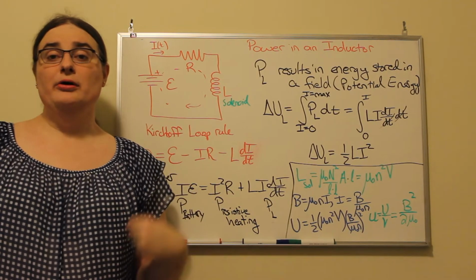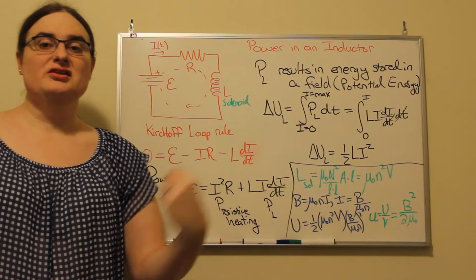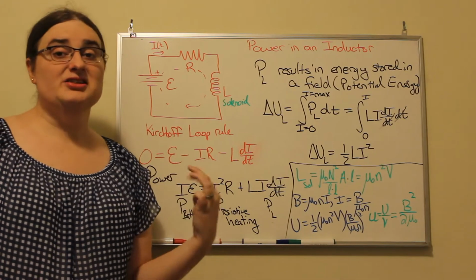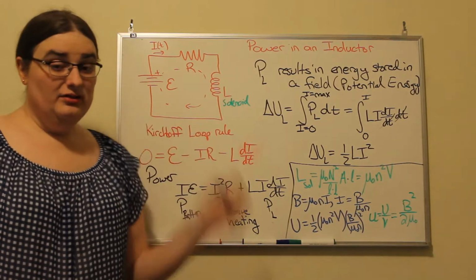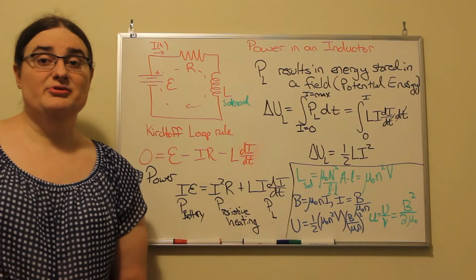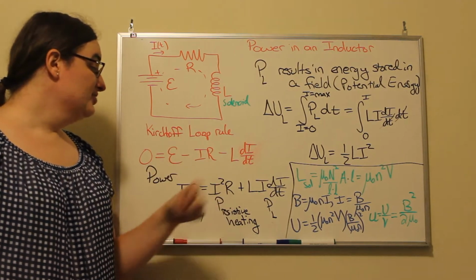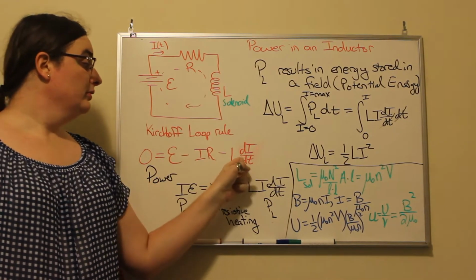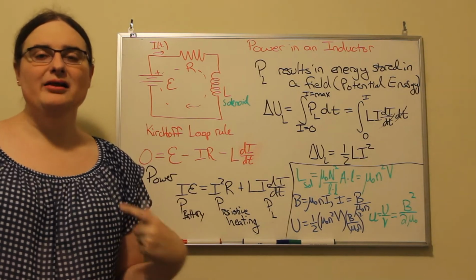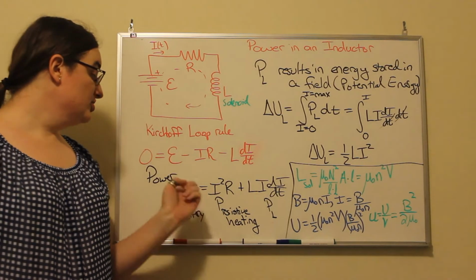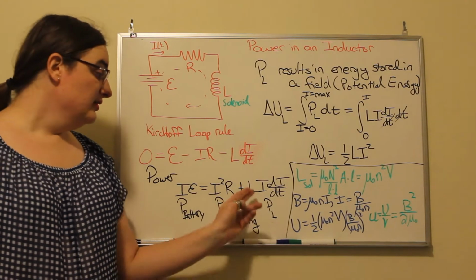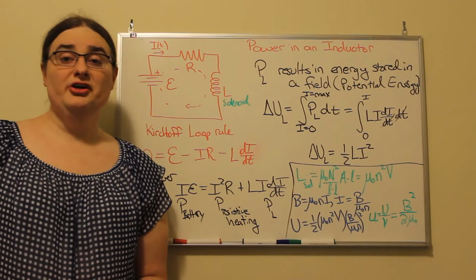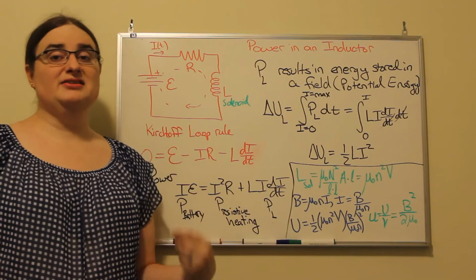And any power being dissipated by a resistor is converting that electron motion into heat, and the power being dissipated by a resistor is just the EMF being dropped across that resistor, IR, times the current I, so it would have a resistive heating of I squared R. But there also would be some power being delivered to that inductor. So multiplying everything by the current, the power being delivered to the inductor would be equal to our inductance times our current times the derivative of current with respect to time.